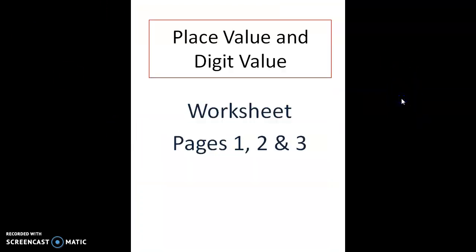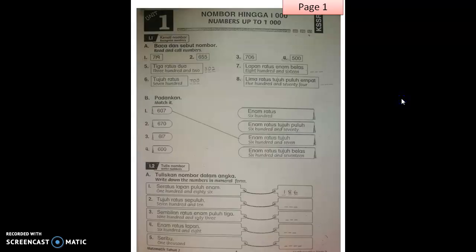Next, worksheet page 1, 2, and 3. Look at page 1. Read the numbers. Number 1, 719. Number 2, 655. Number 3, 706.